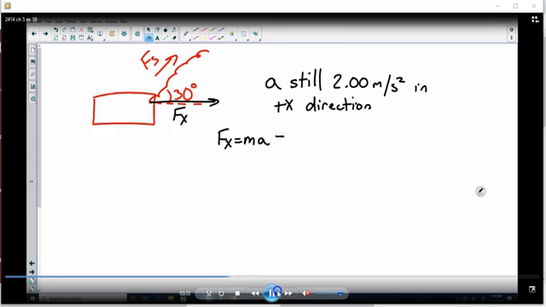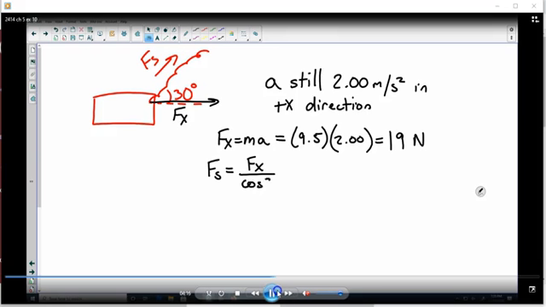We know the x component is equal to the mass times the acceleration, which means that the x component is equal to 19 newtons. To find the spring force, we simply use the fact that we know the x component of the force to find the magnitude of the force.